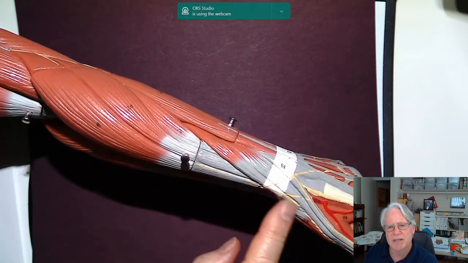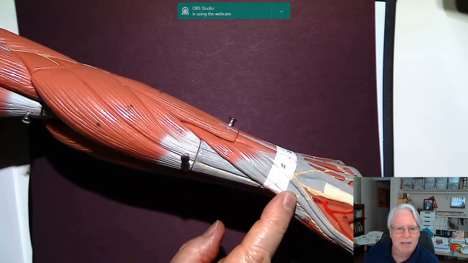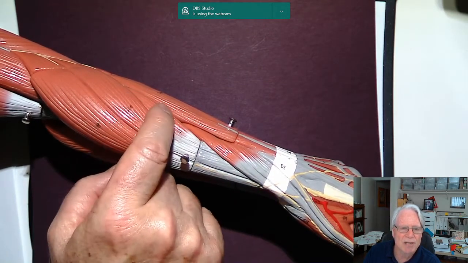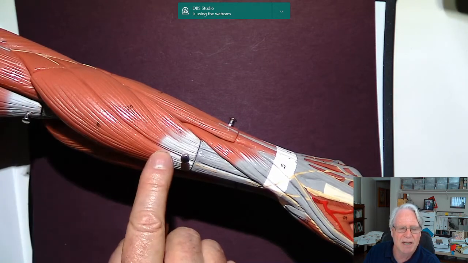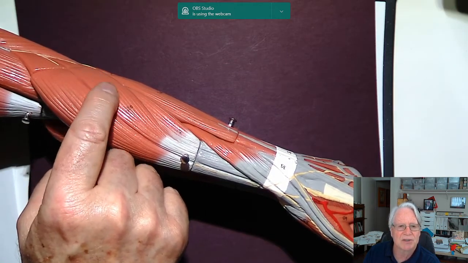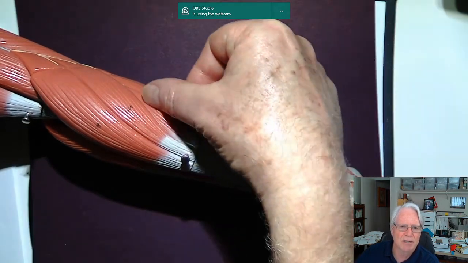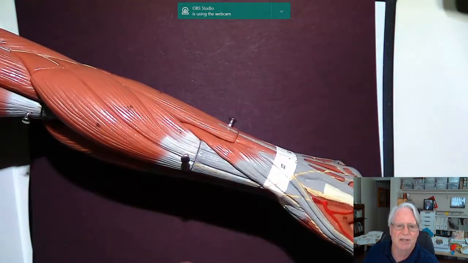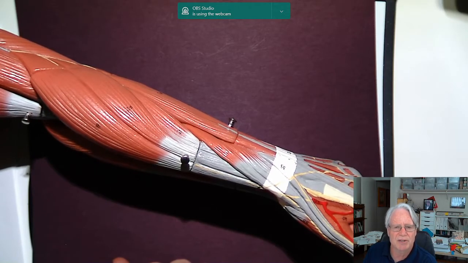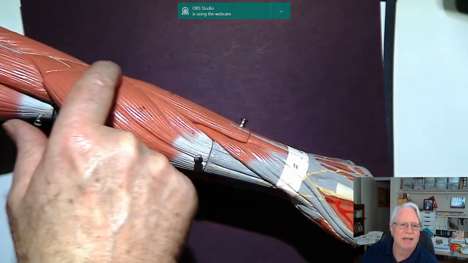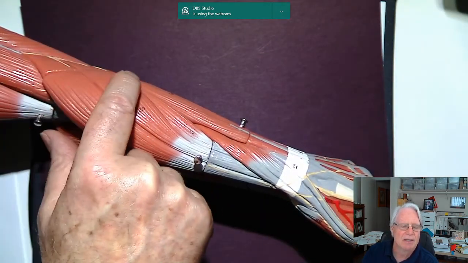And if you find this pattern, and then 1, 2, 3 muscles, the first one is brachioradialis, second is extensor carpi radialis longus, and the smallest one, that one right there, is extensor carpi radialis brevis. All coming off of the lateral side of the arm.